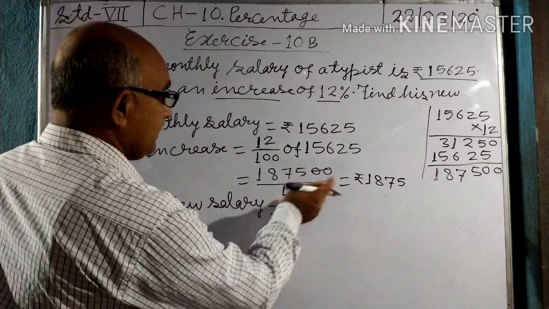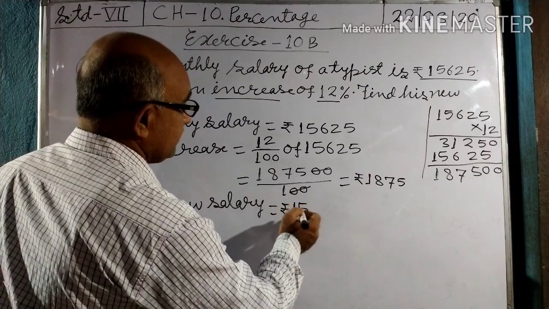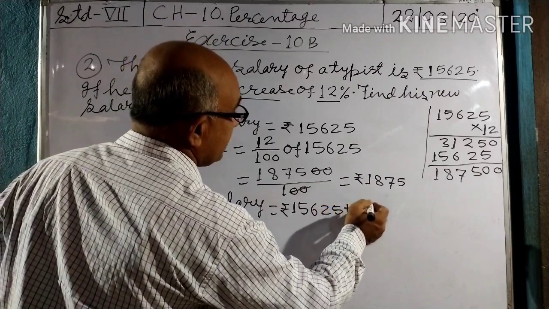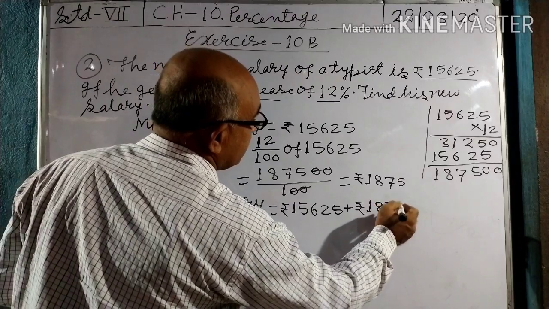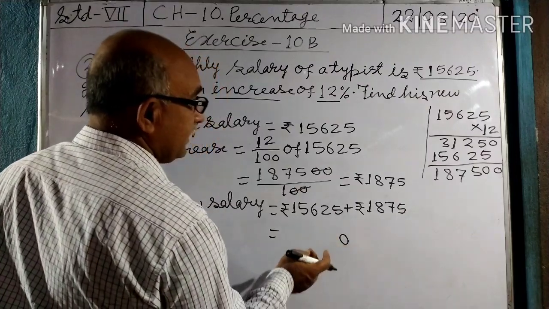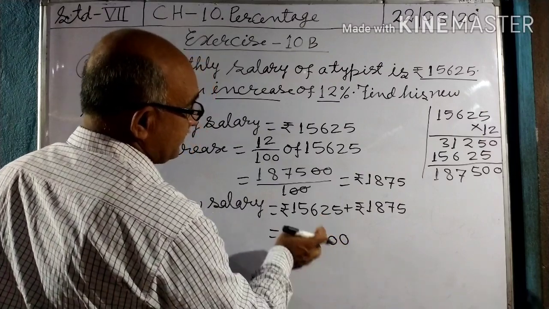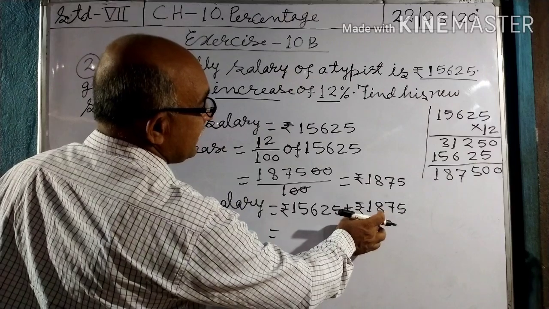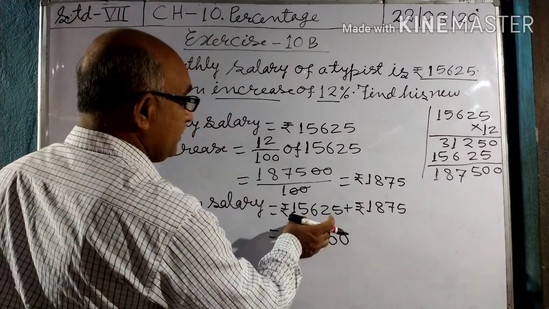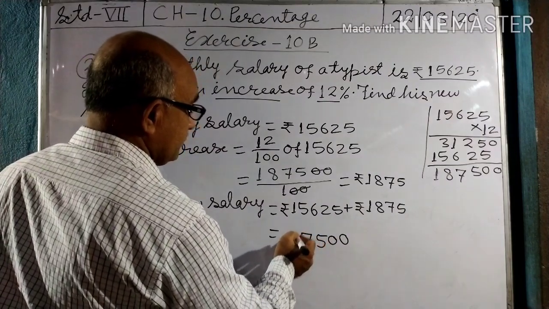Now new salary. New salary equal to salary add increment. So rupees 15,625 plus rupees 1,875 equal to 5 plus 5, 10, 0, carry 1. 7 plus 2, 9 plus 1, 10, 0, carry 1. 6 plus 8, 14 plus 1, 15, 5, carry 1. 5 plus 1, 6. 6 plus 1, 7. 1.